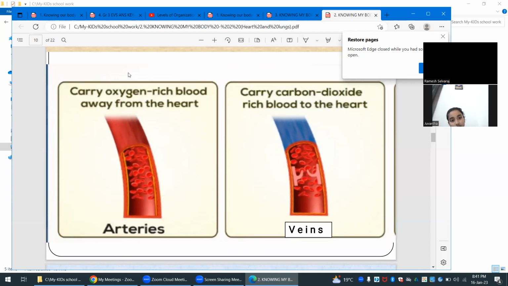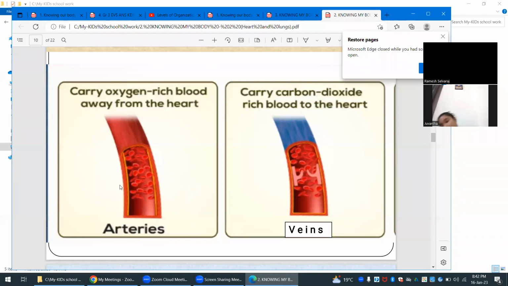Art, you can remember, relates to oxygen. If you see art, you will feel good. Oxygen also, if you are taking it in, you will feel like living. Even if you see a movie or a cartoon, you will feel good, right? So art you relate to oxygen.